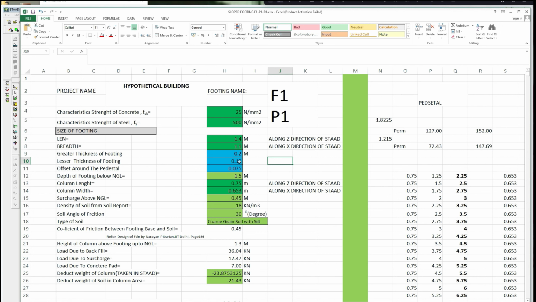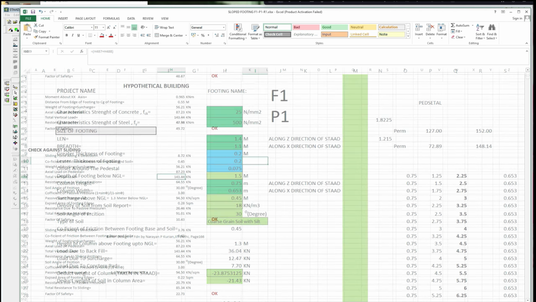We can, but see, usually 200 mm edge distance is always kept. Okay, so we can make it 0.2 and 0.3, and to have at least a bare minimum slope, we should keep it 0.35.